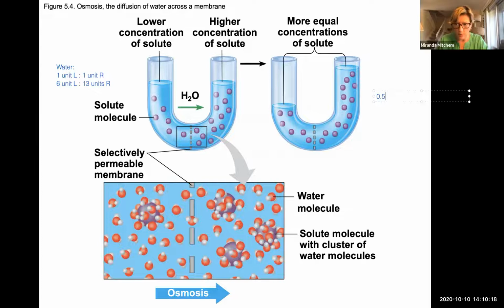So we've got 0.1 units of water on the left versus 1.5 units on the right, because half of it moved over roughly. And then our solute is still the same. So it's 6 units on the left versus 13 units on the right. But if we look at the ratio between these, it's evened out by the movement of the water.